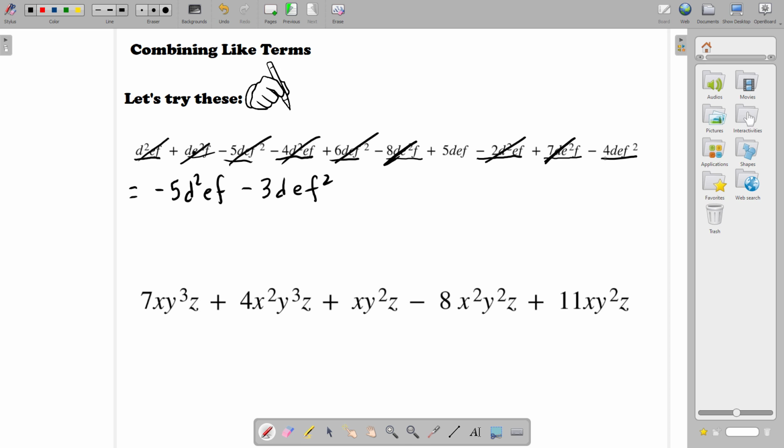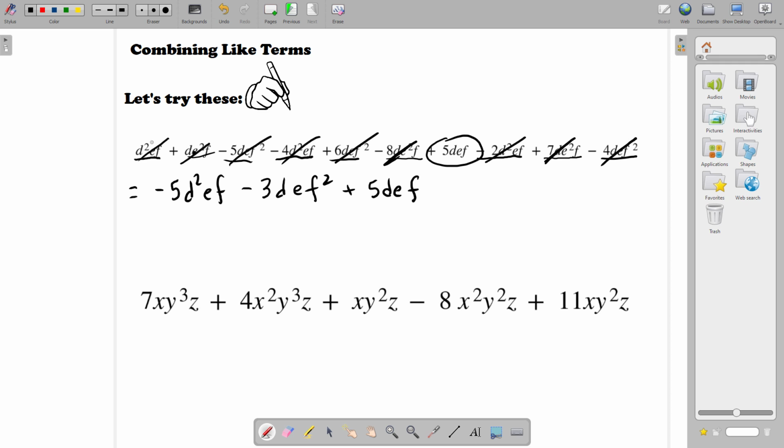Mark those off so that I know that I've used them. And then finally we have this one term left over. It does not have any terms that are like it. No other DEF terms. So I have a positive 5 DEF.